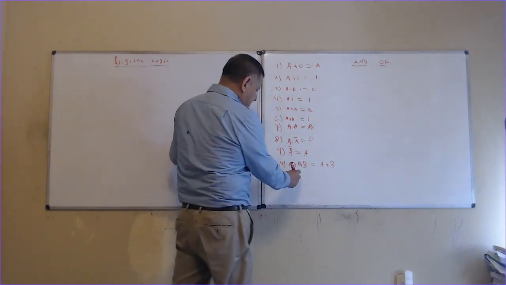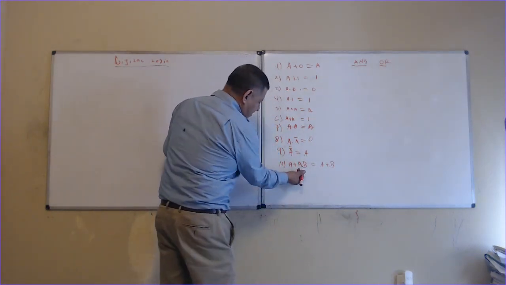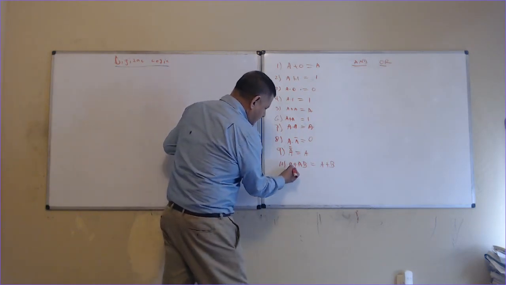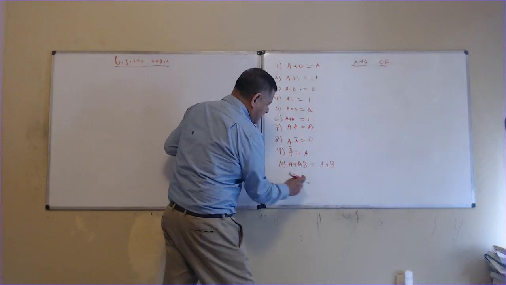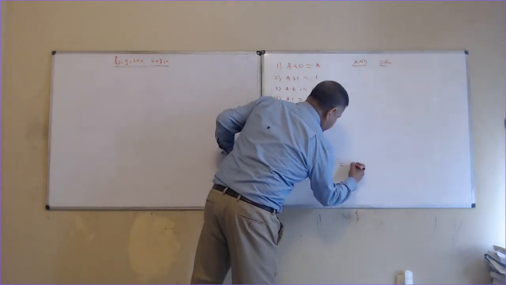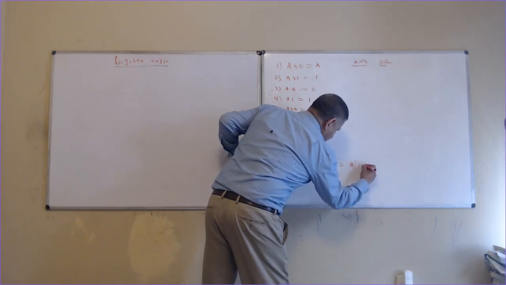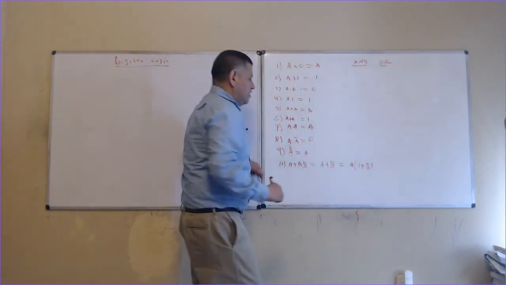Well, if I factor out A right here, what do I get? I get A times (1 plus B).